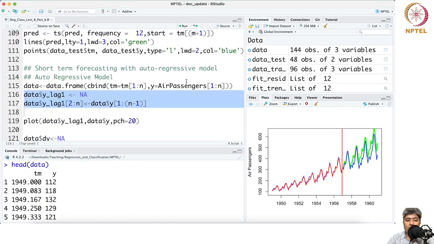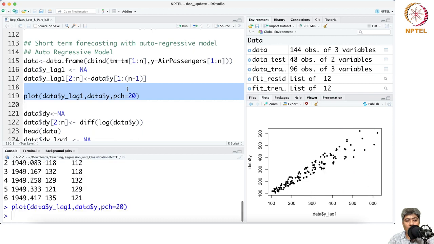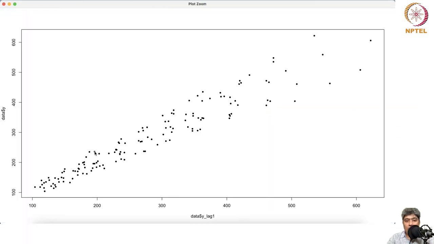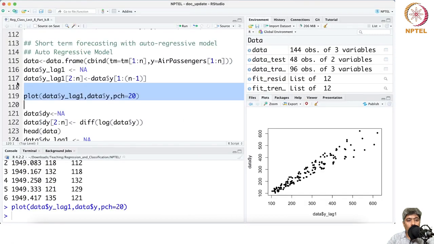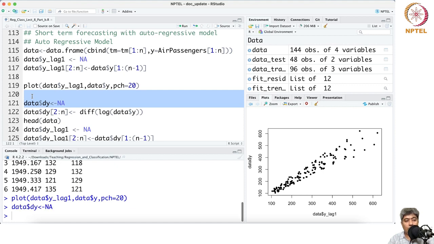Once you create the lag variable, you plot the lag variable versus the actual variable. Now you can see the lag variable versus the original variable. Now I'm going to create a log difference of the values.